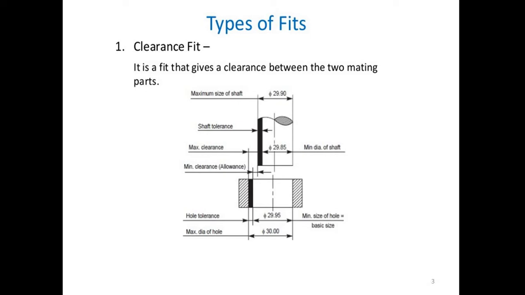The capital S7 stands for the tolerance of the hole, and the small g6 stands for the tolerance of the shaft. So for this clearance fit condition, the tolerance denoted by S7 g6 clearly indicates by its tolerance value that the maximum size of the shaft is less than the minimum size of the hole.